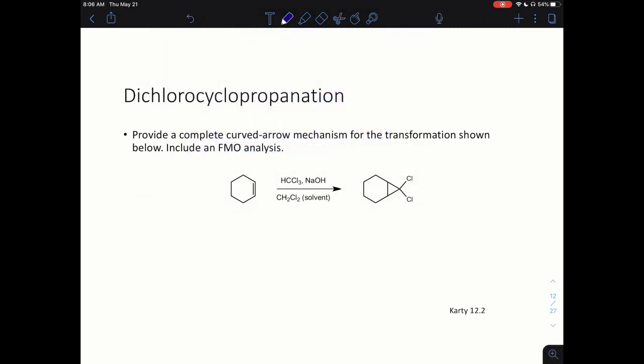So let's go ahead and take a look here at this reaction. It'd be cool if you paused and tried yourself. But when you're ready, we will generate dichlorocarbene this way. So first in a proton transfer reaction, just like we showed on the previous slide, that generates the conjugate base of chloroform.